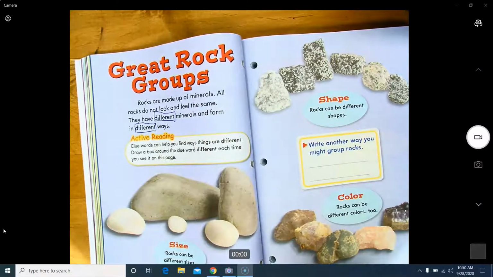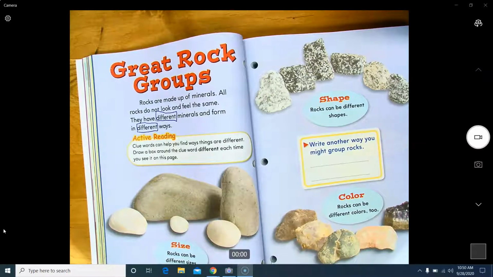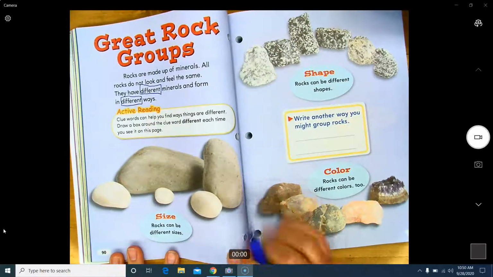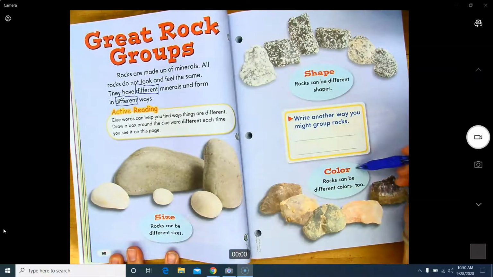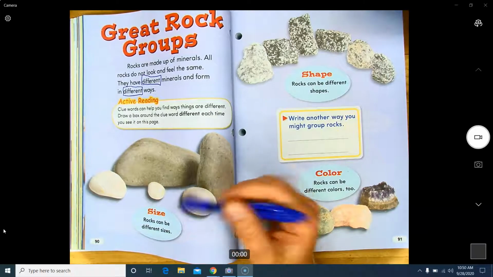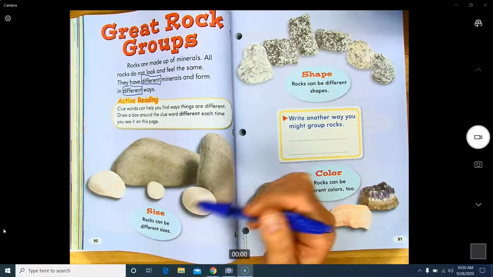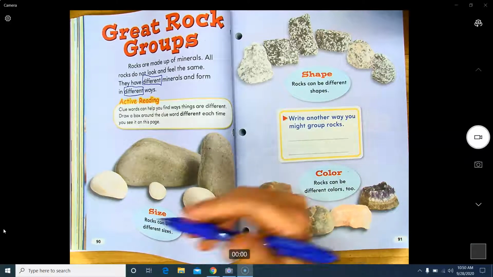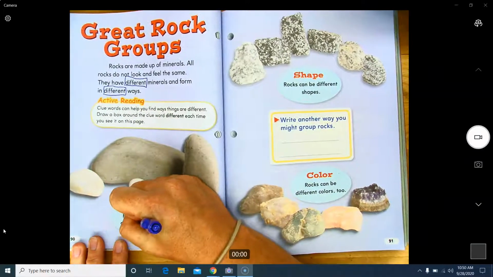Okay, so you're sorting the rocks by size, shape, and color. So these rocks are sorted by different sizes. Here's the word different again.